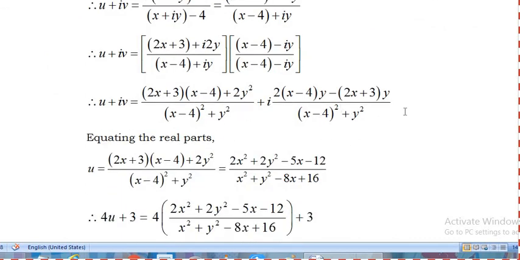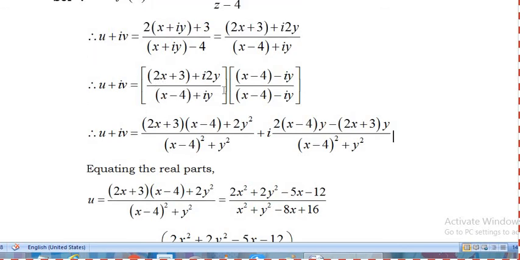So we will be getting u + iv equal to [(2x + 3)(x - 4) - i²·2y²], that is plus 2y², divided by [(x - 4)² - i²y²], meaning plus y², plus i times [2(x - 4)y - (2x + 3)y], divided by the same denominator (x - 4)² + y².